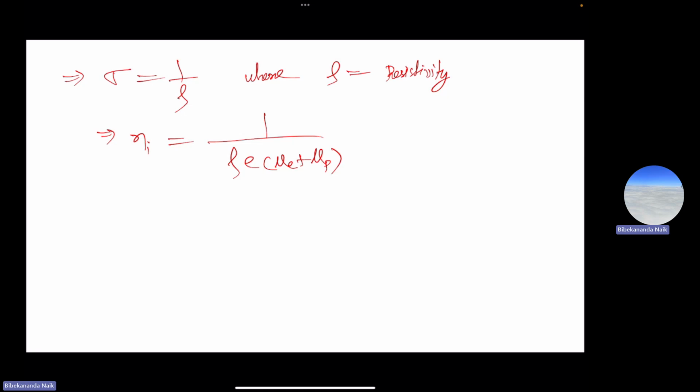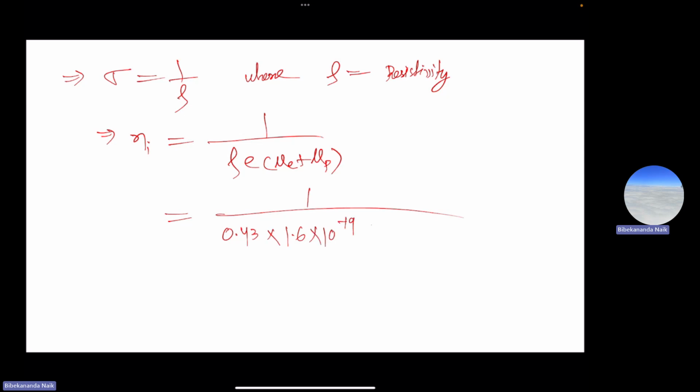So it is 1.6 into 10 to the minus 19 coulomb. So we can take it as the value of e also. So it will be 1 by the resistivity, which is given, 0.43 ohm meter, into 1.6 into 10 to the power minus 19.